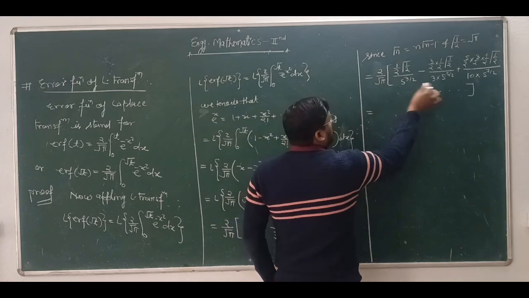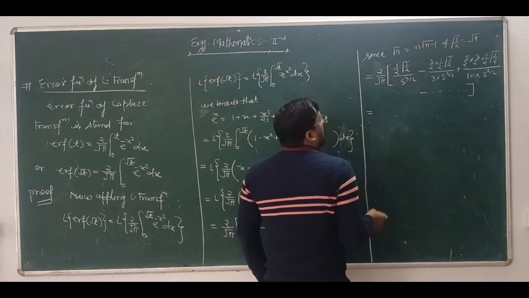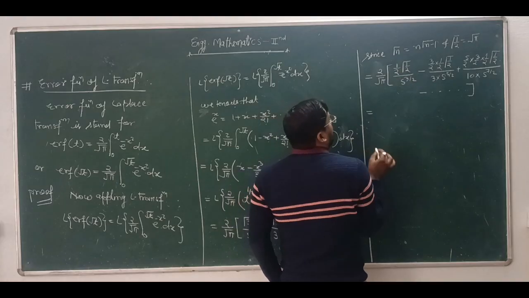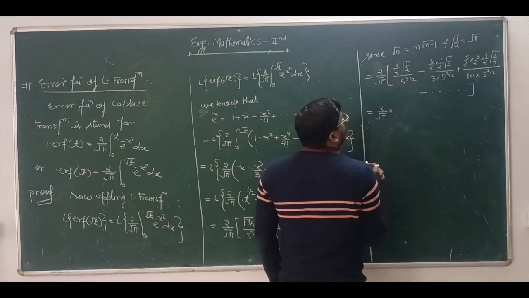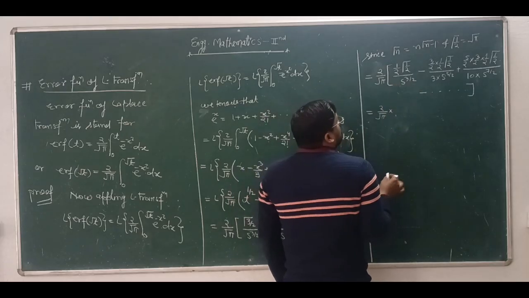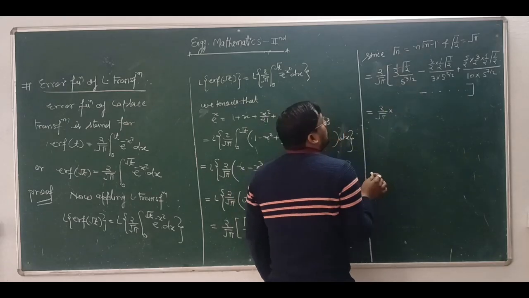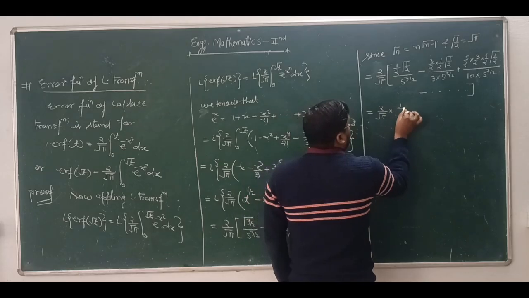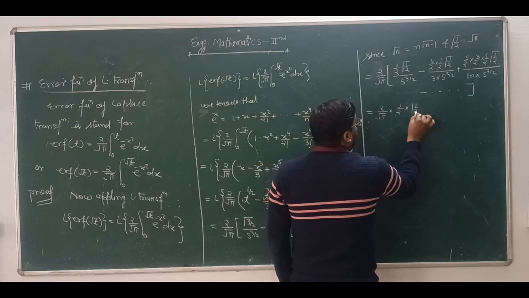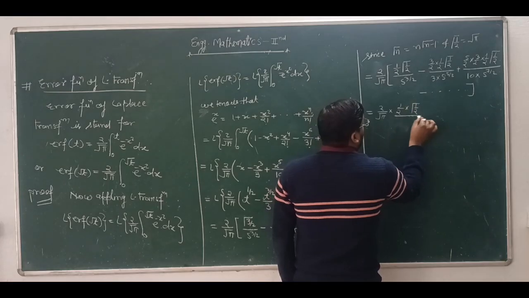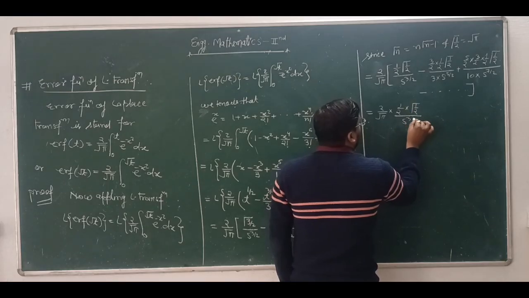Now gamma 1 by 2 is root pi, so we take common 1 by 2 gamma 1 by 2 total upon s to the power 3 by 2.